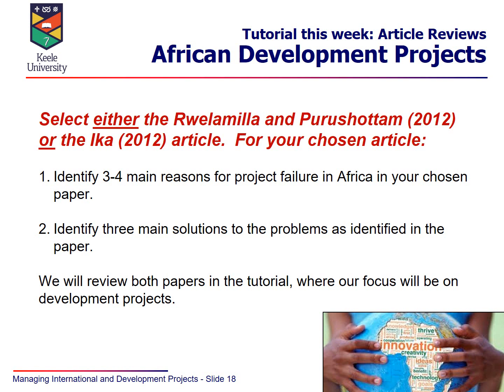What I want you to do is to identify 3 or 4 main reasons for project failure in Africa that are provided within those papers. So those papers will talk about some of the problems, the issues, and so on. So I want you to identify 3 or 4 main reasons for project failure in Africa.